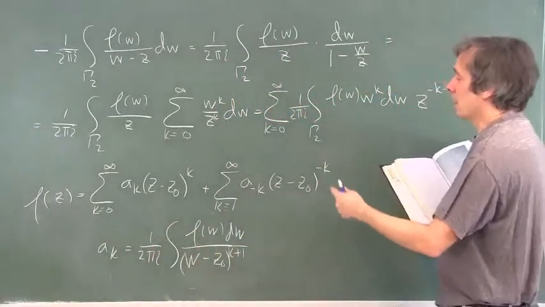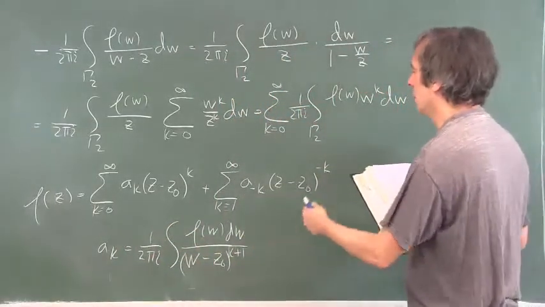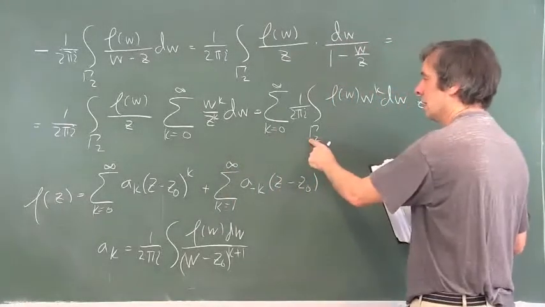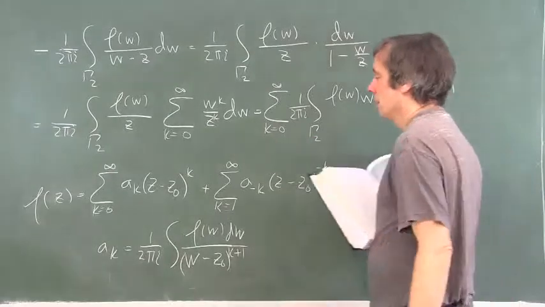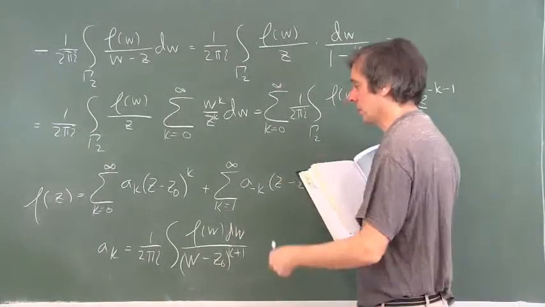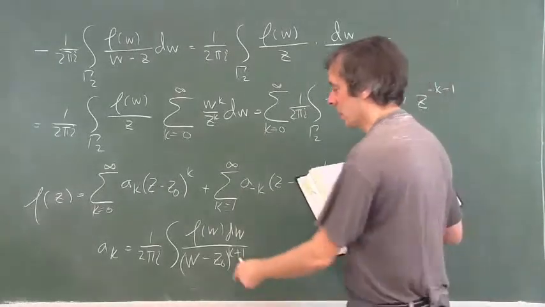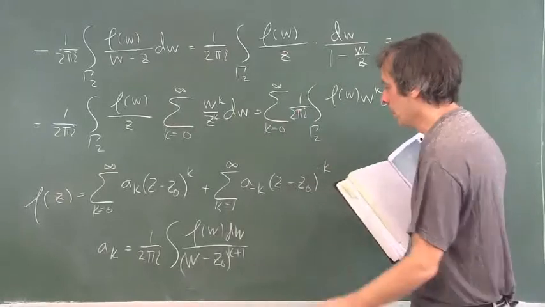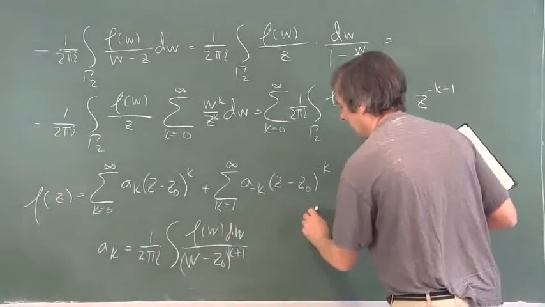Actually, when we did this computation, you notice that in the case of the second term, we used the curve gamma 2, and in the first case, the power series part, we used the curve gamma 1. So which one should we write down here if you want a common formula? Well, as it turns out, it doesn't really matter.